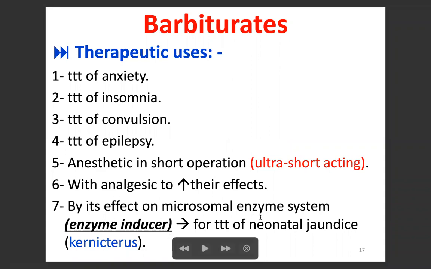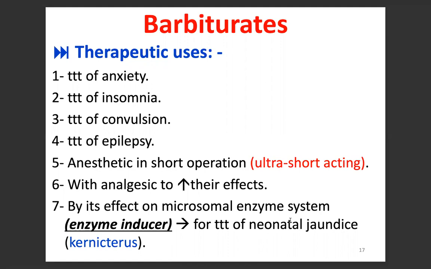Generally, in neonatal jaundice, there is an increase in the bilirubin level. We can say hyperbilirubinemia, and if it is left untreated, it may lead to cerebral palsy. So kernicterus is a neurological condition.